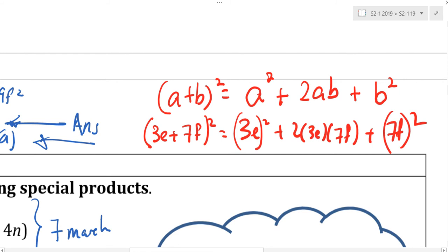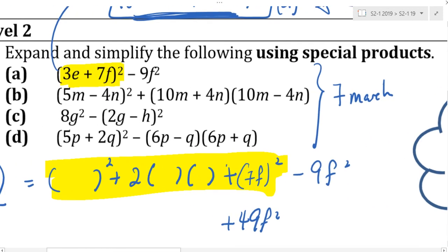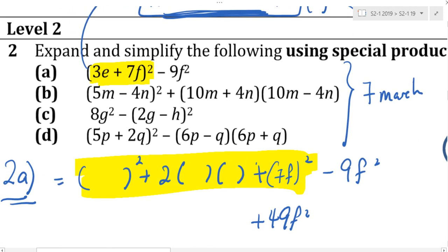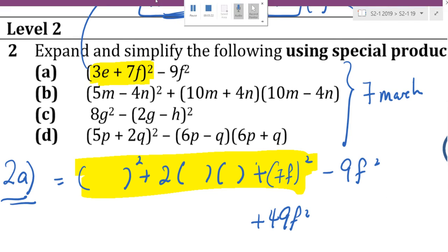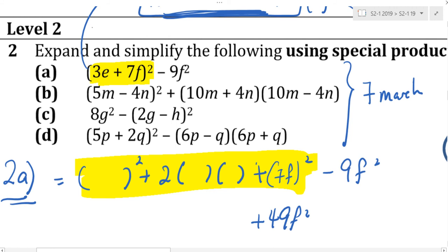And that is why when I ask you, tell me, when I have the yellow thing, I expand, it becomes this format. Now you understand why this format. Now can you tell me what to put in the first bracket? 3E. So now, those of you who are confused and very uncomfortable, now you know you can put in the 3E.